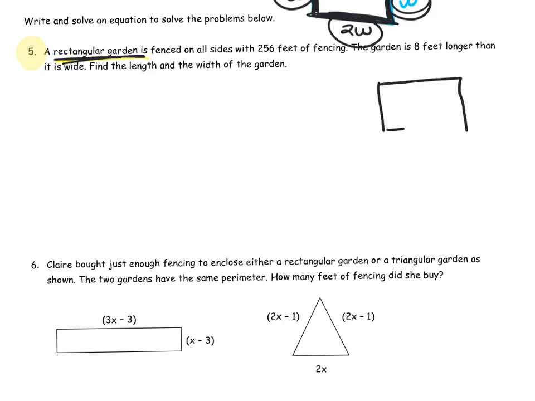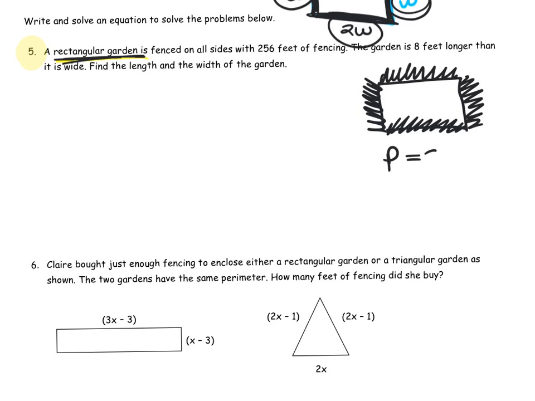It's fenced on all sides with 256 feet of fencing. So we've got fencing here, here, here, and here. That's the entire perimeter. So the perimeter is 256 feet.